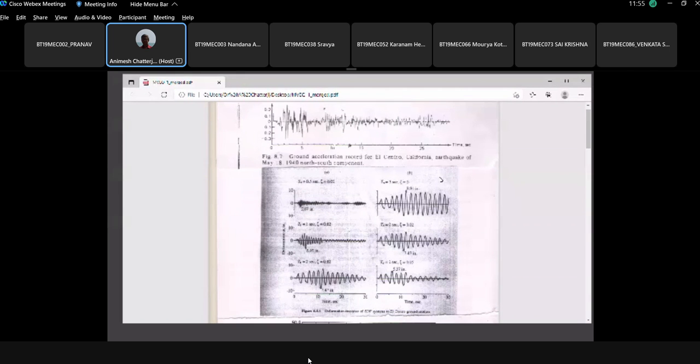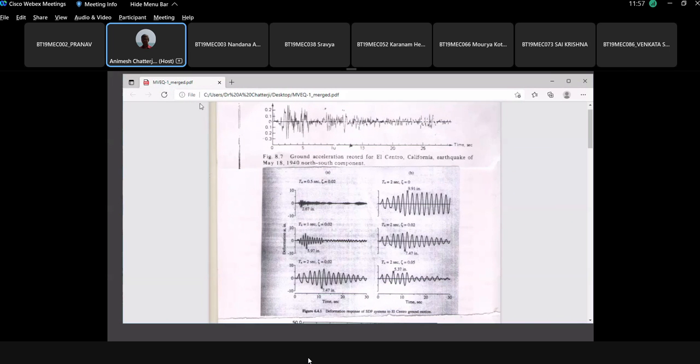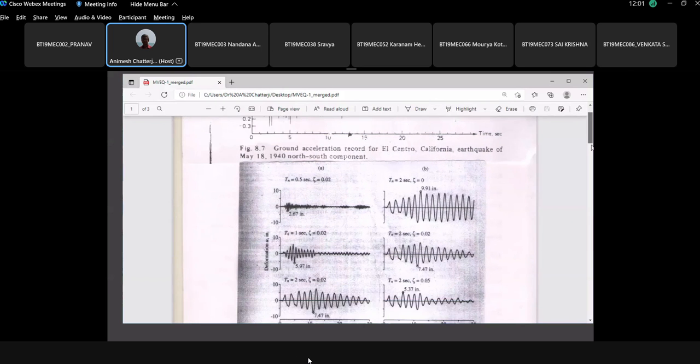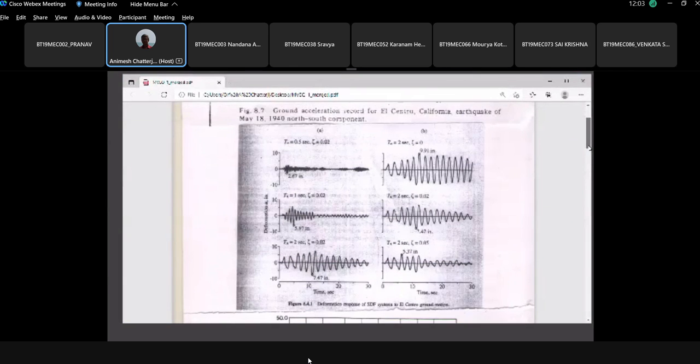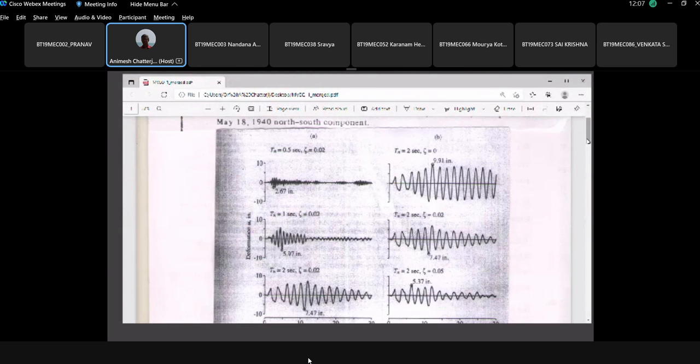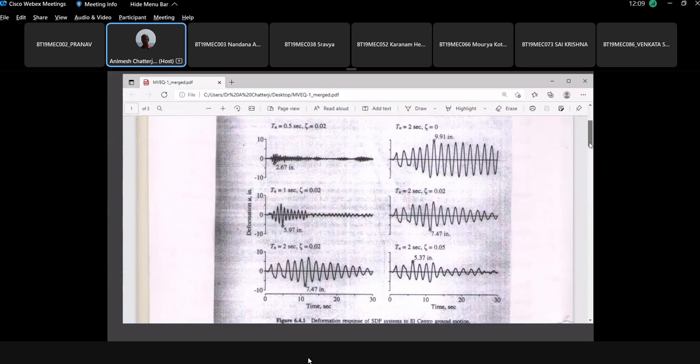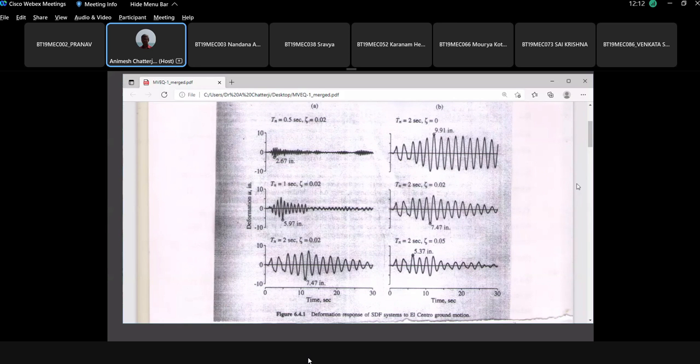So just look at the graph. Let me expand it. Numerical integration was carried out for different parameters, which gave us these graphs. Let me repeat again. For the El Centro earthquake, numerical simulation or numerical integration was carried out, which gave us these graphs.